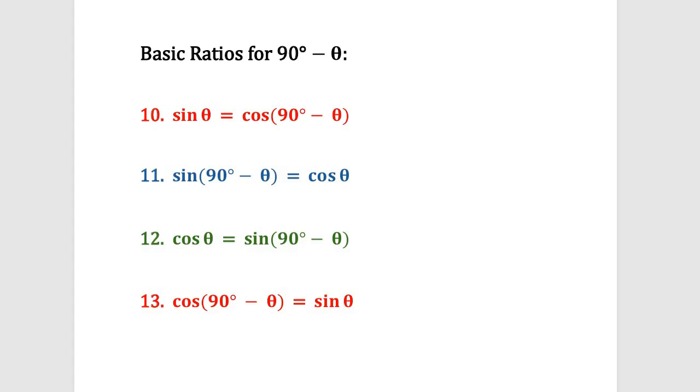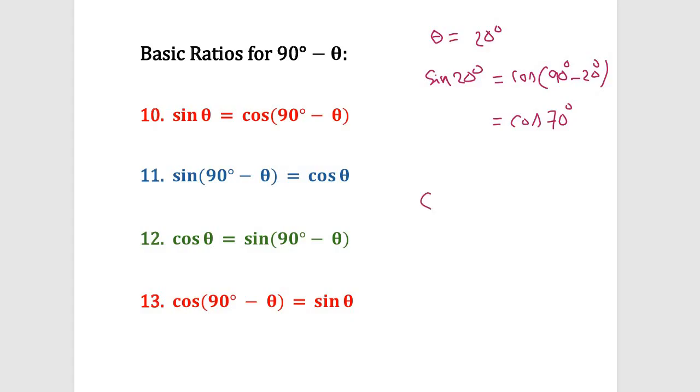For example, if we have theta equals 20 degrees, we can write sin 20 degree equals cos 90 degree minus 20 degree equals cos 70 degree.